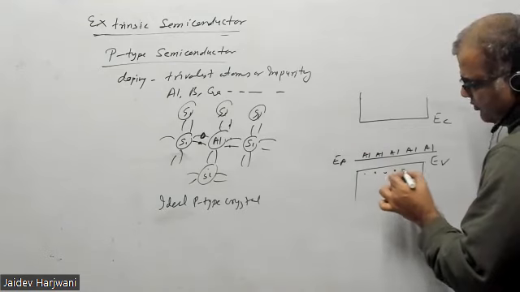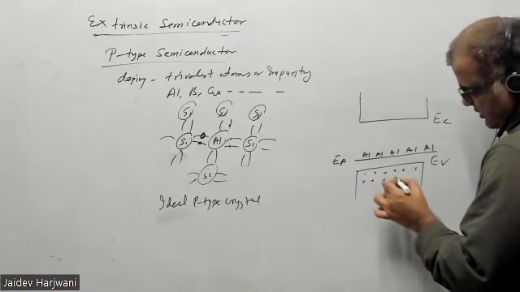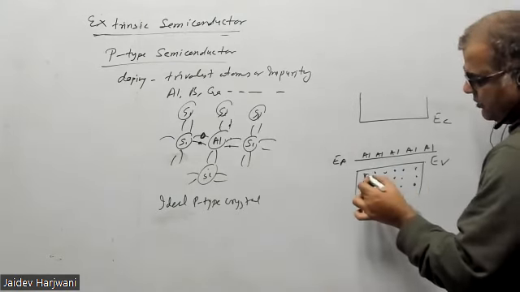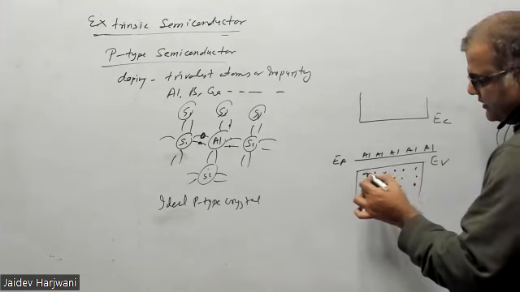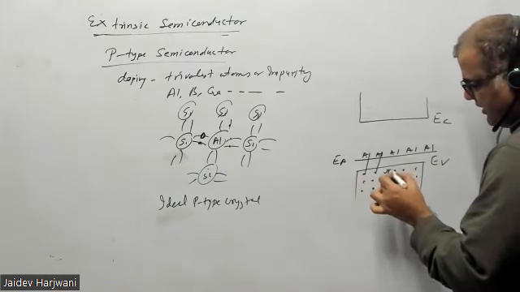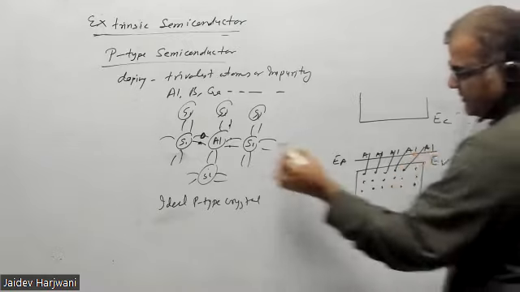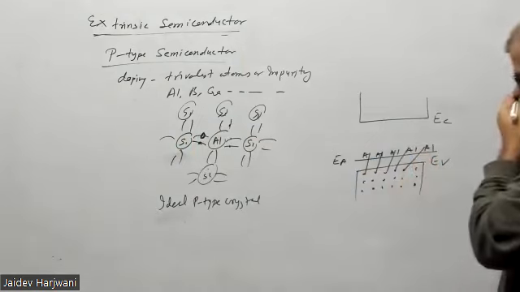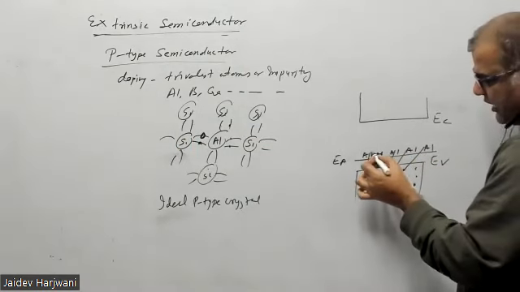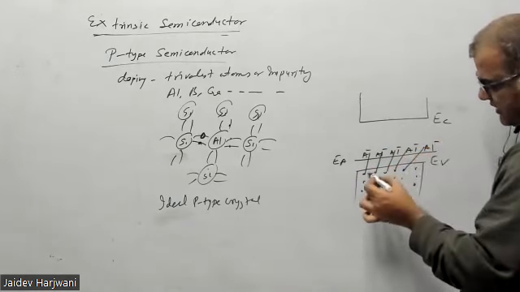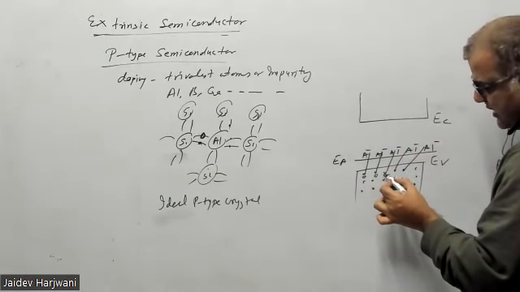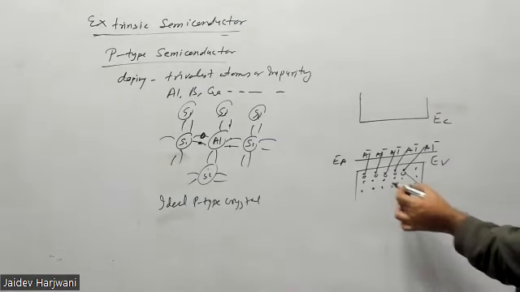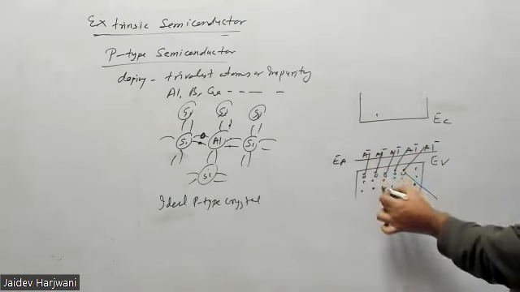Even at room temperature, there is a reasonably good probability that these electrons can be captured by these holes. So this electron can come here wherever the aluminums are present. Once they take an electron, they become negatively charged. And then you have holes in the valence band, and holes in the valence band also are charge carriers. Some electrons can go from here to here, that is also possible.